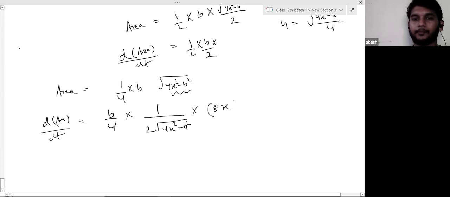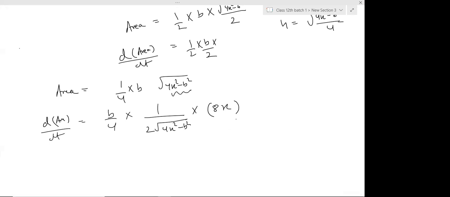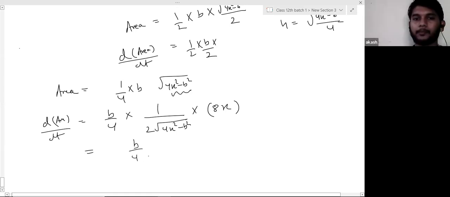Yes. All right. This thing is clear, everyone? Yes, sir. All right. So this is b by 4, and this 2, 4, 8 is cancelled. So b into x upon under root 4x square minus b square. This is the differentiation.